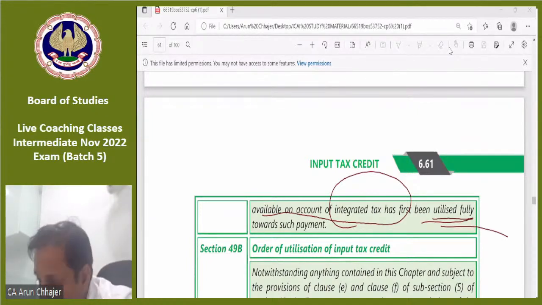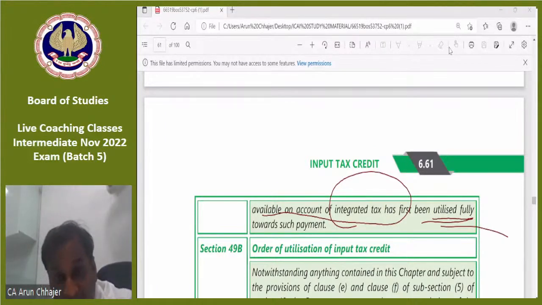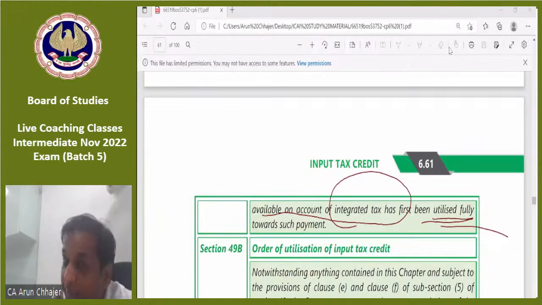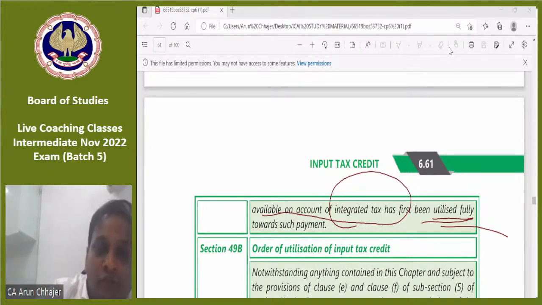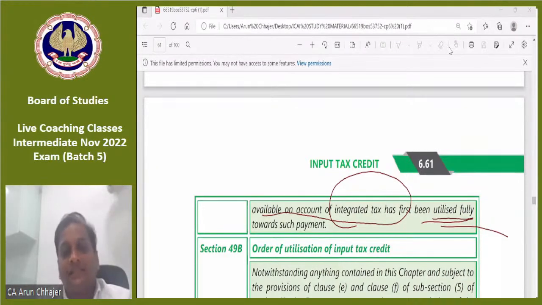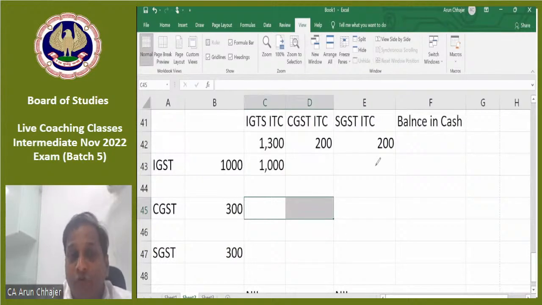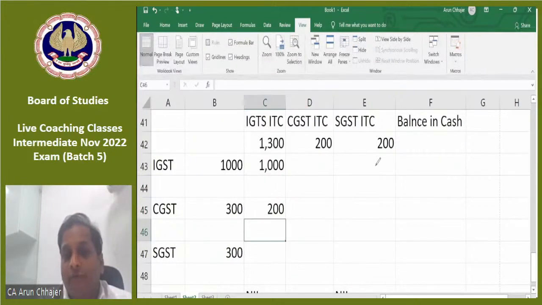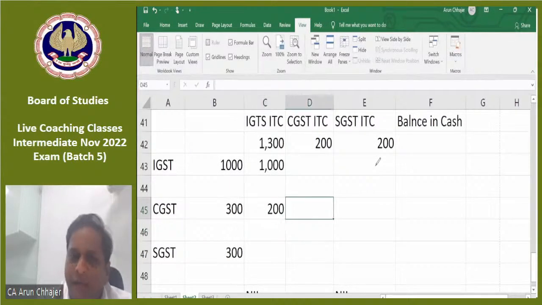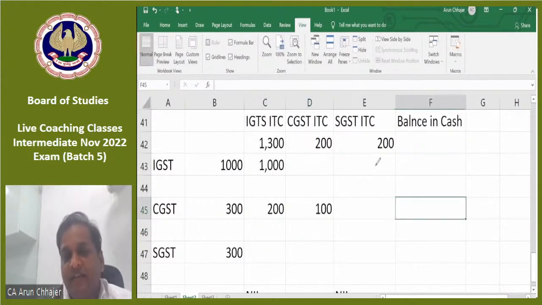Meaning thereby, CGST ITC can go to C, can go to I, SGST ITC can go to I, can go to S, but the only point is the IGST ITC balance should be 0, then only they can allocate the amount. So in my practical problem, first from C, no, it is not possible. They have to take, say, 200 from I, and the balance they can take from their own head, possible.